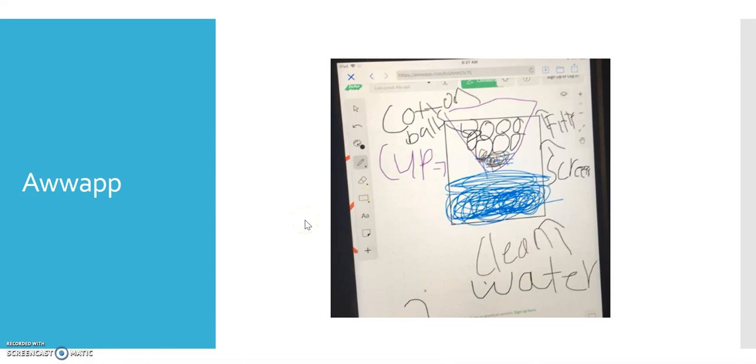One of the issues that arose with this lesson for me is that for the AWAP, and for the Spiral, which is what's coming up, I really wanted to use the laptops. And unfortunately, due to standardized testing on the computers, we don't have access to our laptops right now, so we had to use the iPads. And the AWAP was not as user-friendly on the iPads as it was on the laptops, and a lot of my students got lost.